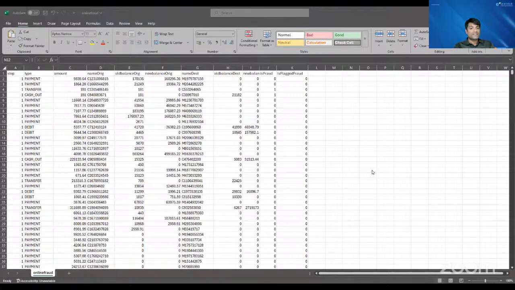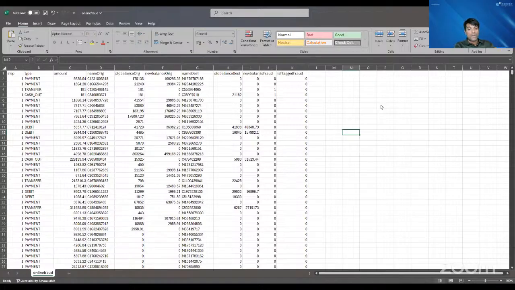The next thing is the type of transfer, which is which kind of payment the particular person is actually using. Is it an online payment, a cash out, or a debit card? That we have in the data set.